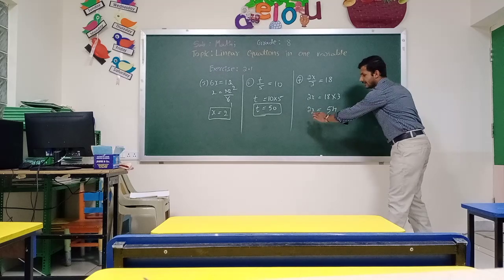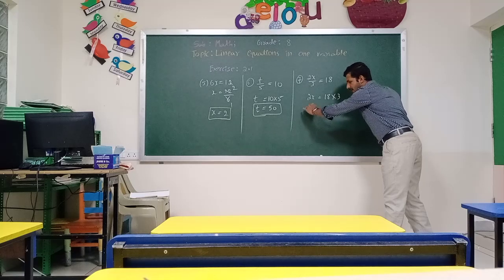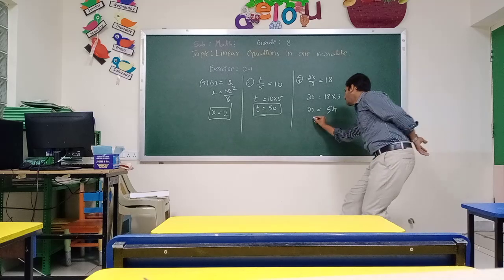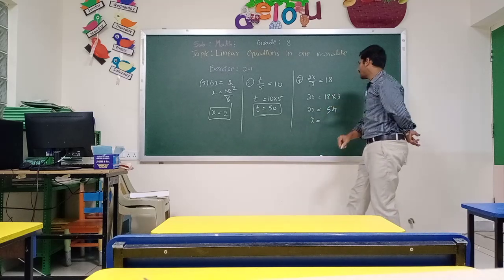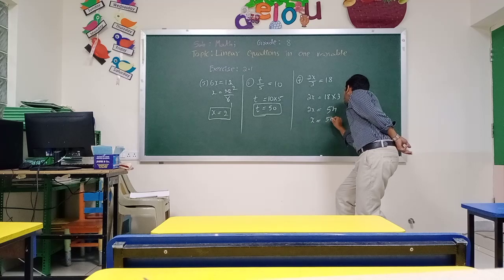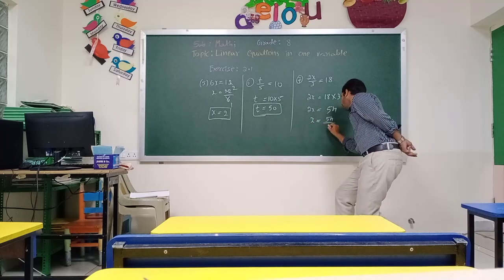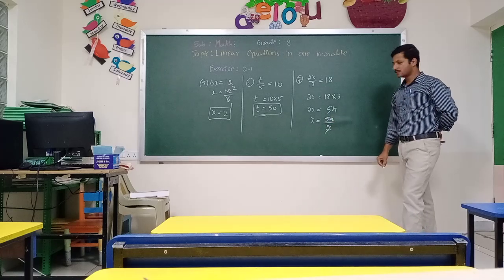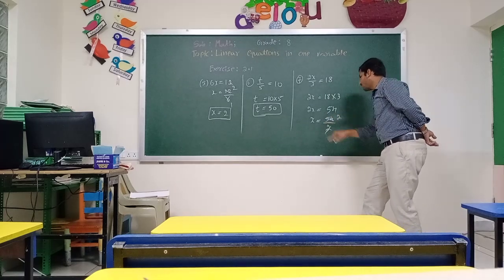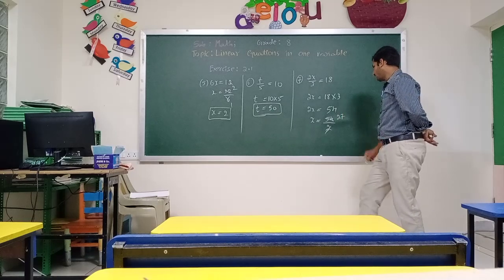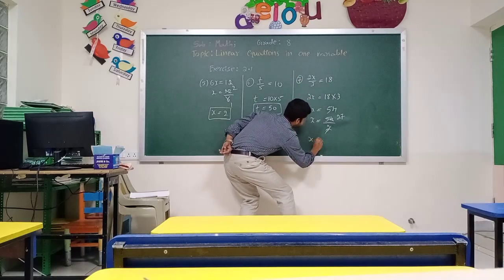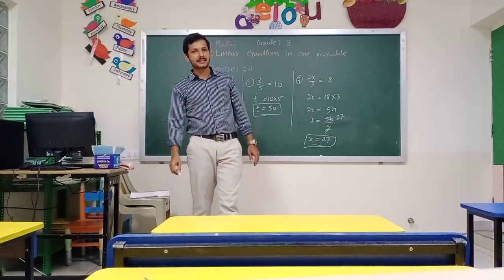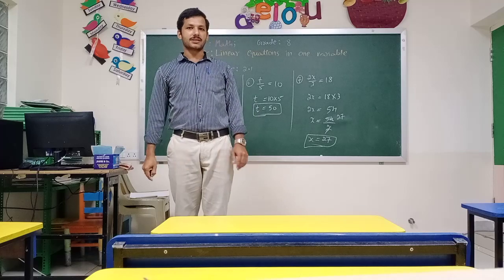As you know, when two numbers are under multiplication, if one number is transferred to the other side, it becomes division. x equal to 54 by 2. 2 how many times is 54? 2 twos are 4, 2 sevens are 14. Therefore, x equal to 27 is the answer for this question.